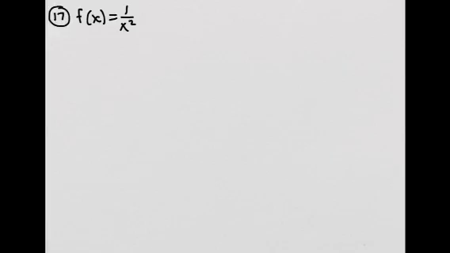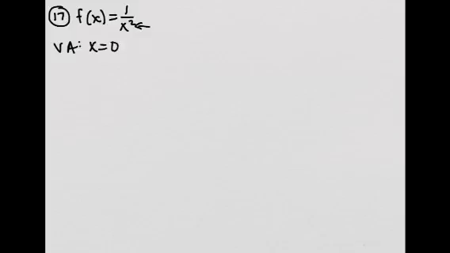Alright, so for 17, they're only asking you to find vertical or horizontal asymptotes, if there are any. So for vertical asymptotes, we look at the denominator. There's nothing to factor or cancel here, no common factors in the numerator and denominator. So what makes this 0 is simply 0. So the vertical asymptote is x equals 0.